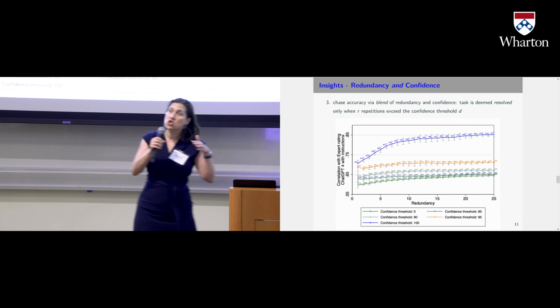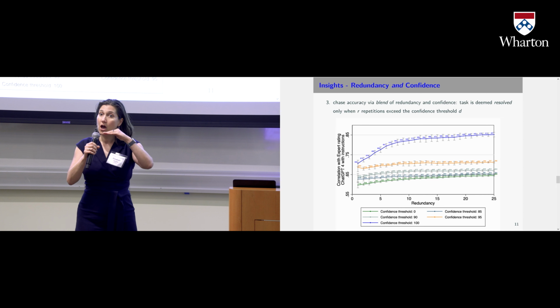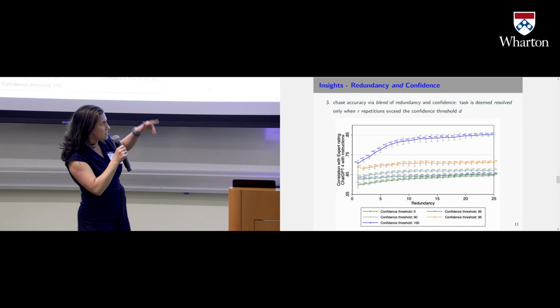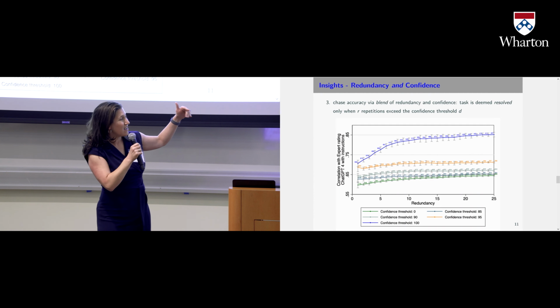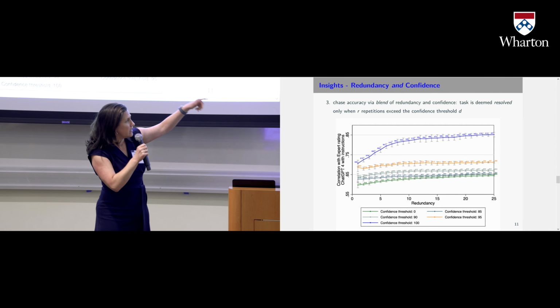And you can see that just applying a confidence threshold increases accuracy across redundancy. So just the confidence threshold alone will increase accuracy. But redundancy, which is on the x-axis from 0 to 25, at no confidence threshold, almost completely flat. Even at the 95% threshold, it's almost completely flat.